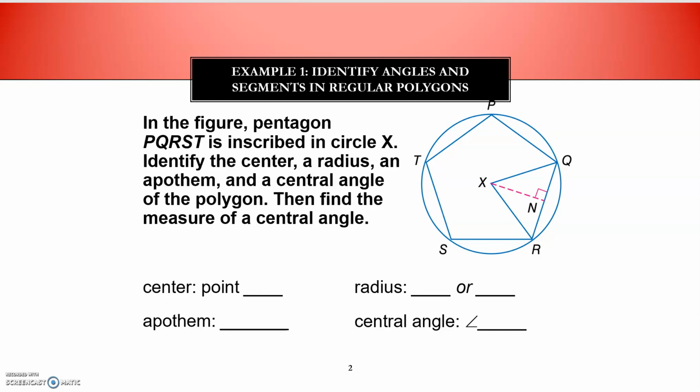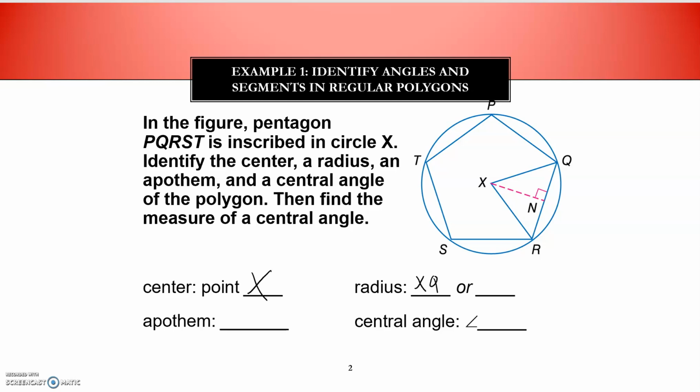When we do that, we have a couple things. So the first thing is the center of the circle is the center of the polygon. So in this example, our center would be at point X. We have a radius. The radius is still the distance from the center to the outside of the circle.